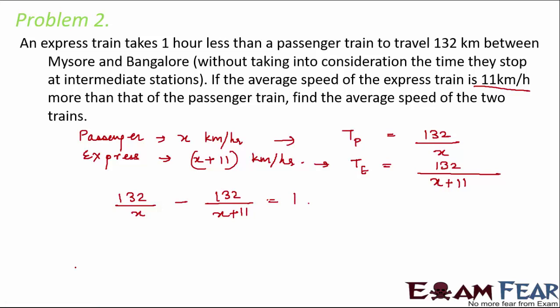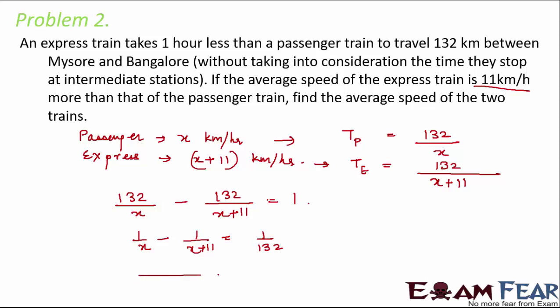So now again in this case, if you solve this equation, because I'm not going to do all the calculations because that will unnecessarily waste our time, and right now we want to revise the entire syllabus. So I would ask you to do the calculations yourself and solve the equation. So in this case it would be like 1 by x minus 1 by x plus 11 is equal to 1 by 132.